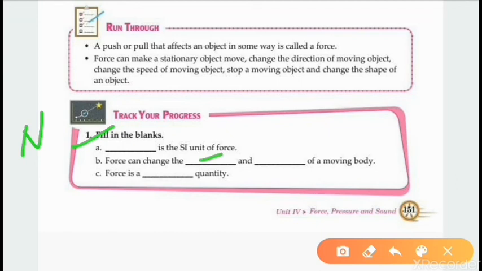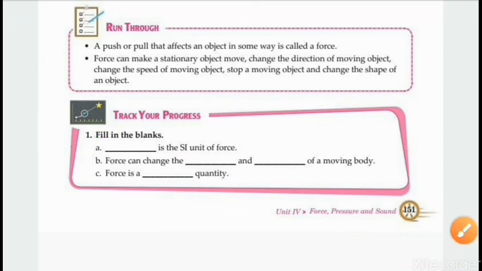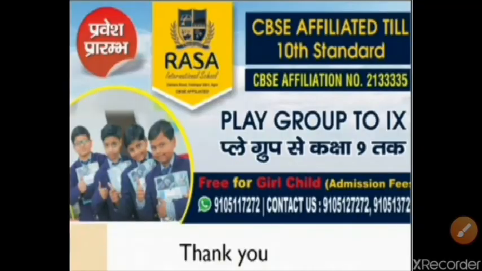Speed and direction of a moving body. Force is a vector quantity. It has both magnitude and direction. So these are some fill in the blanks based on the concept we have learned about force. Clear? Thank you.